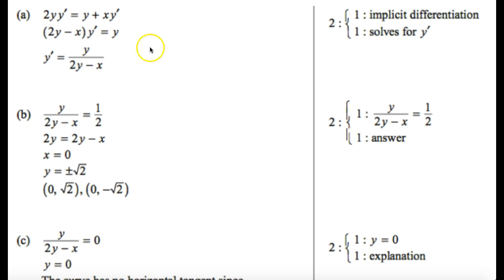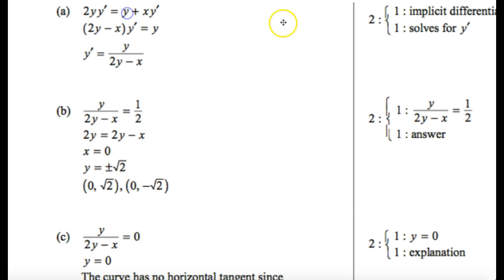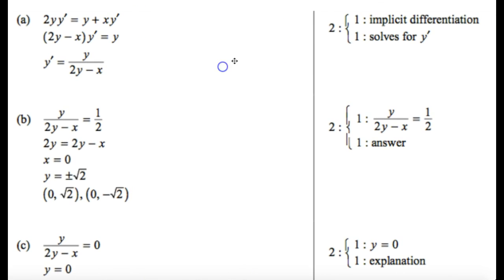If we remember part A, part A was just show that this is the derivative, and they have y primes in here instead of dy dx's, but it means the same thing. Over here is the correct work, and then this is the point distribution.